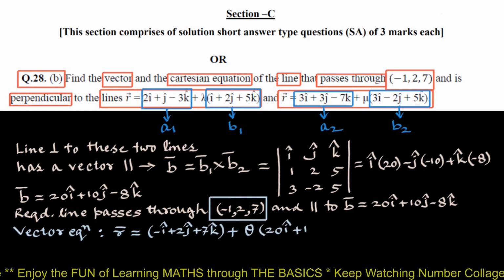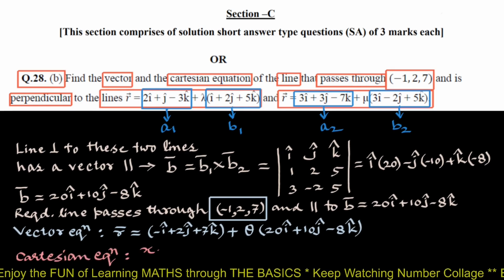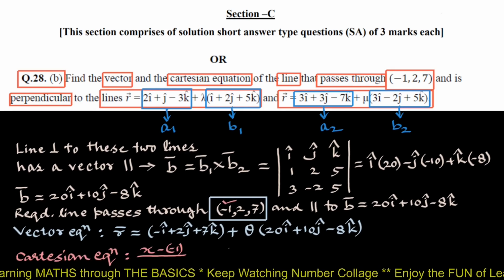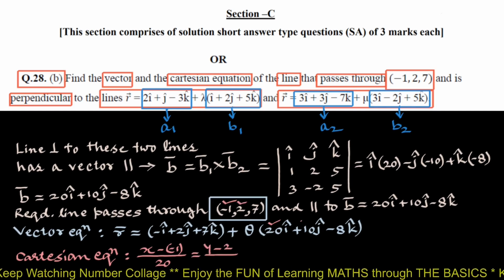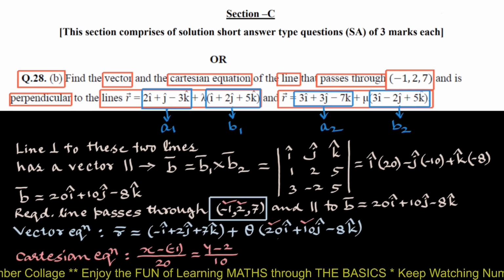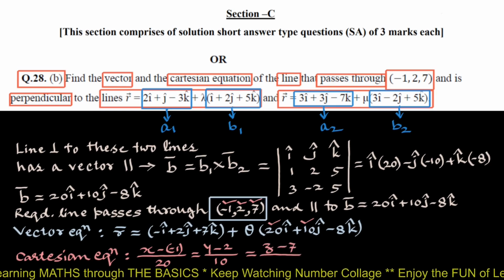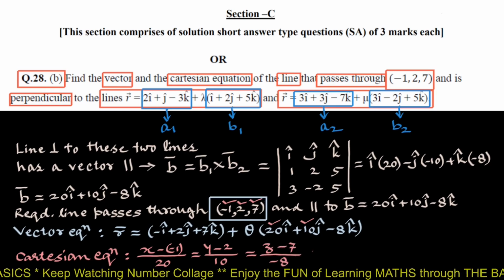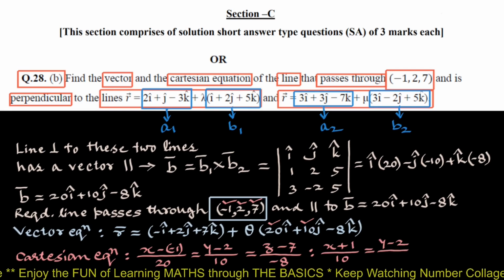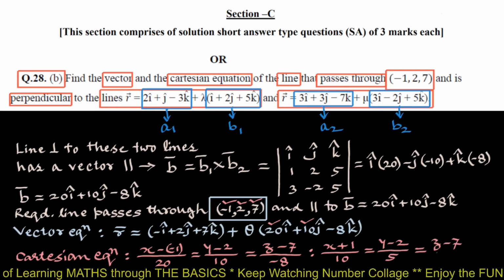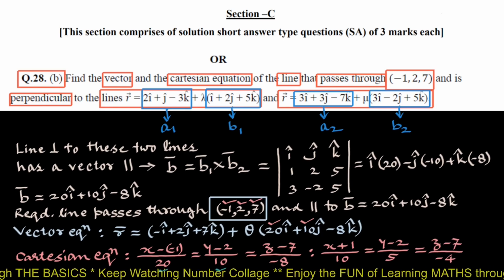i cap plus 10 j cap minus 8 k cap, and its Cartesian equation will be (x minus (minus 1)) upon 20 equals (y minus 2) upon 10, which is the direction ratio of vector B bar, equals (z minus 7) upon minus 8, which finally will be (x plus 1) upon 10 equals (y minus 2) upon 5 equals (z minus 7) upon minus 4, after removing common factor 2 from each of these terms.